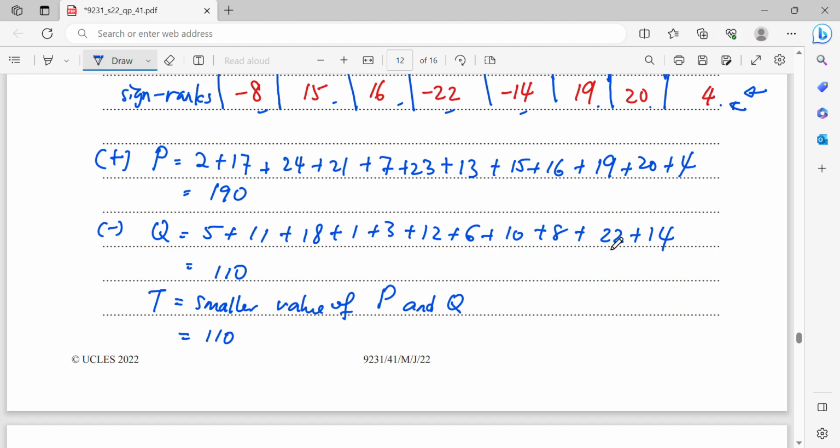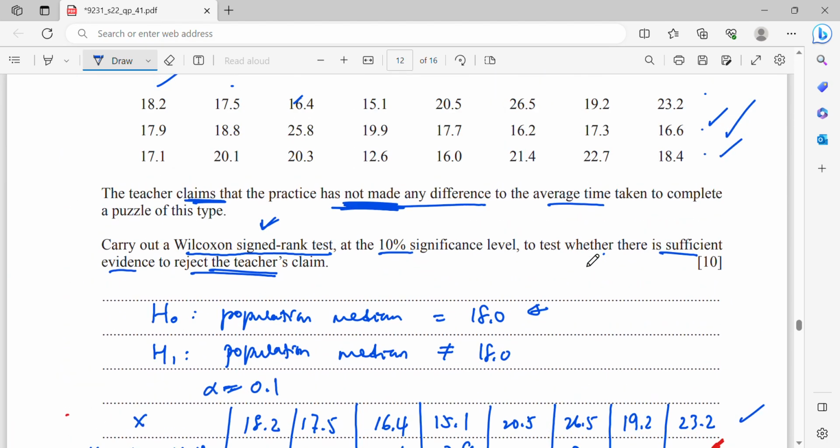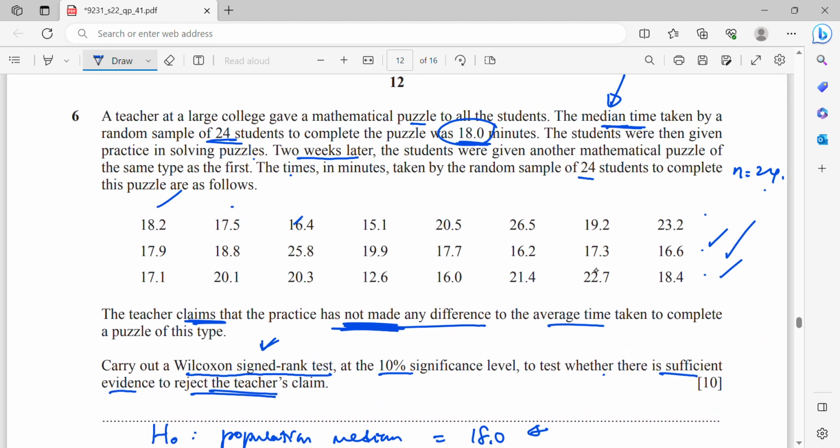Before you proceed, you have to be alert that your n is 24. When you are conducting the Wilcoxon signed rank test and n is greater than 20, you need to use normal approximation.